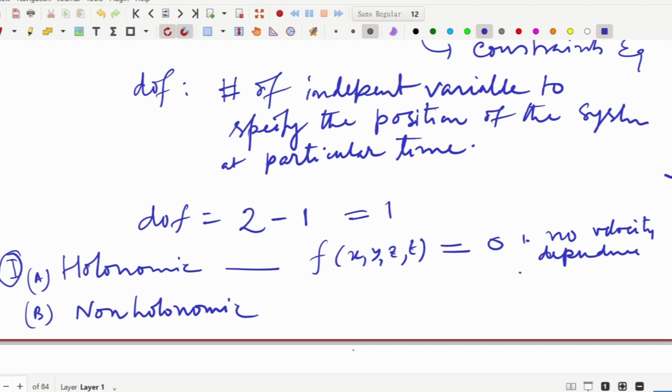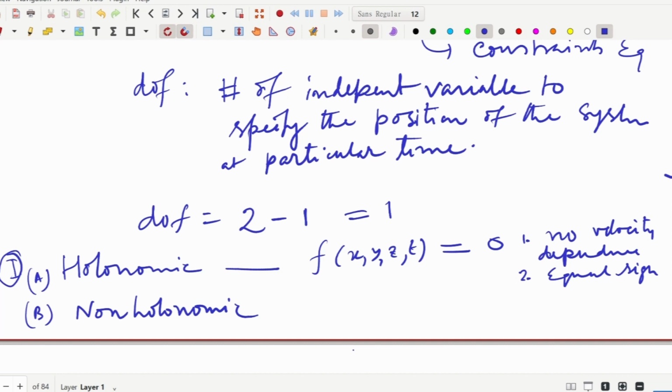The constraint I just mentioned, the particle moves on a circle, you can express as x square plus y square equal to a square. This is with the equal sign and no velocity dependence. So it is a holonomic constraint.